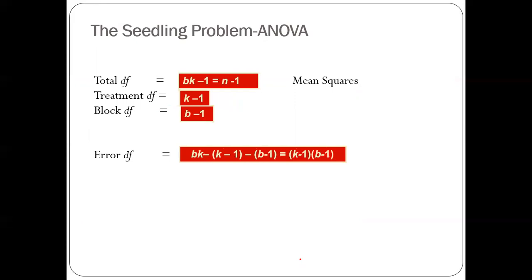Okay, so this is the formula for how to get the degrees of freedom: degrees of freedom for total, degrees of freedom for treatment, degrees of freedom for block, and degrees of freedom for error.